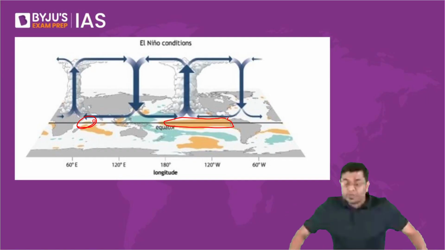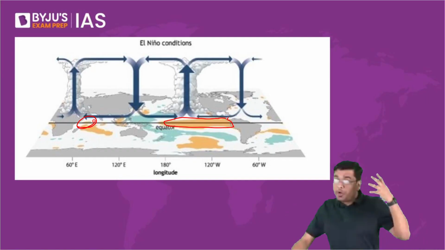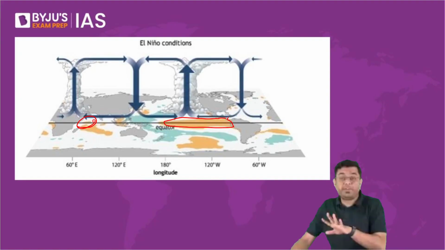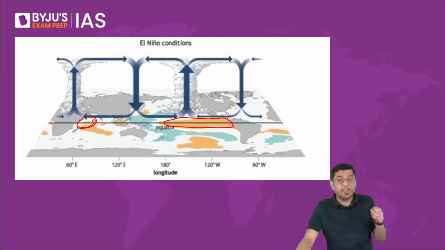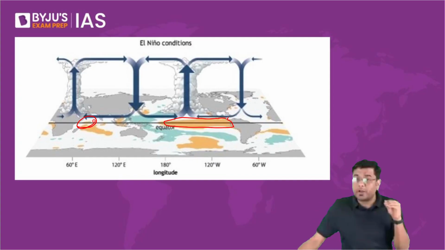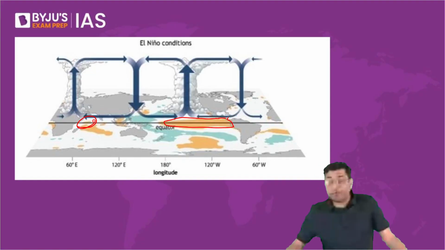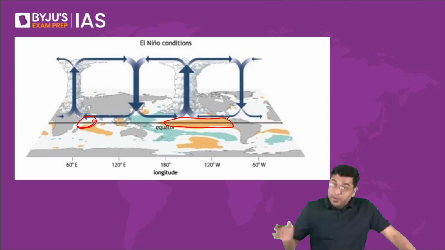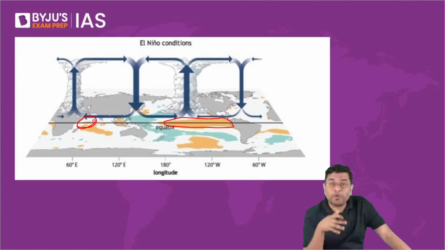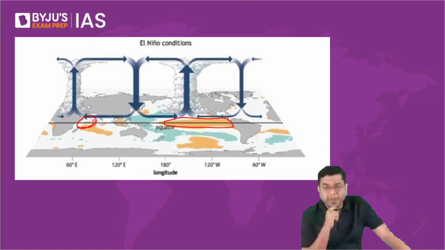So that is why in these years you will observe the greater formation of cyclones. It is not to say that the Bay of Bengal will not experience cyclones. Bay of Bengal has a basic oceanic feature which will always promote the formation of tropical cyclones in this region. But you will also observe greater formation of tropical cyclones in the Arabian Sea as well. Okay, I hope that is understood.